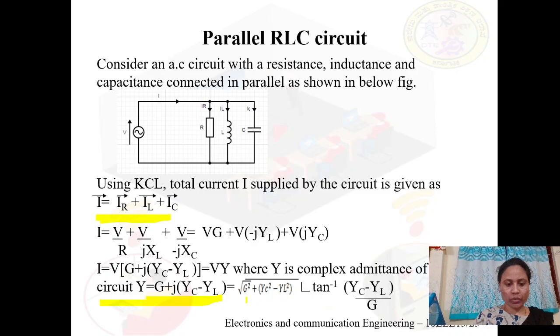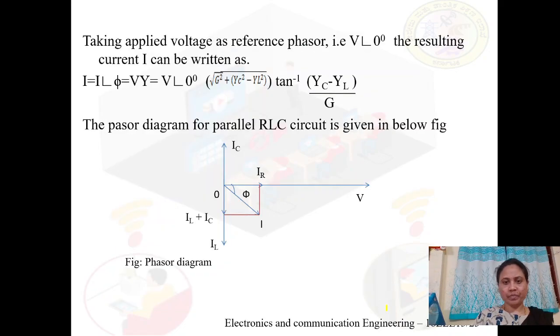Magnitude of Y is nothing but square root of G square plus YC minus YL whole square, and with an angle of tan inverse of YC minus YL by G. So here the phase angle value is 0 degrees for IR, and the resultant current phase angle is tan inverse of YC minus YL by G, it can be positive or negative depending on the values of YC and YL. We will conclude how the circuit behaves.